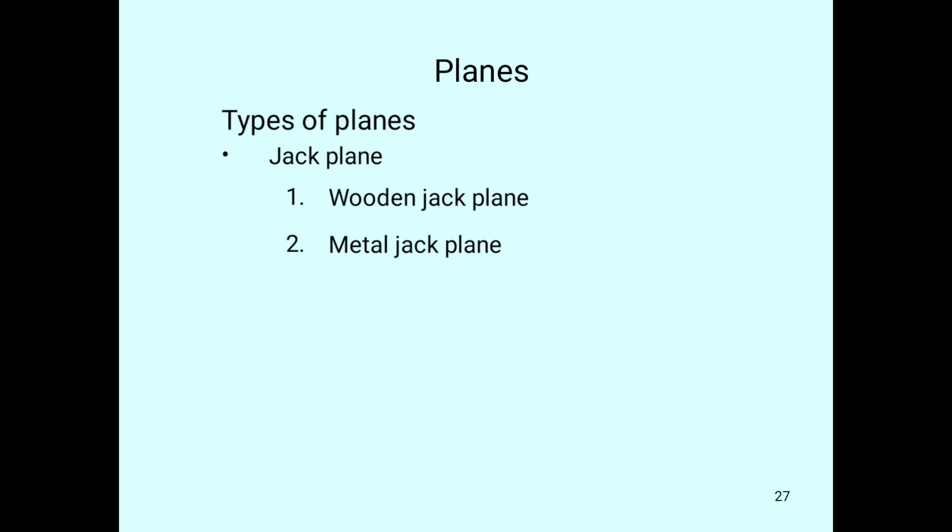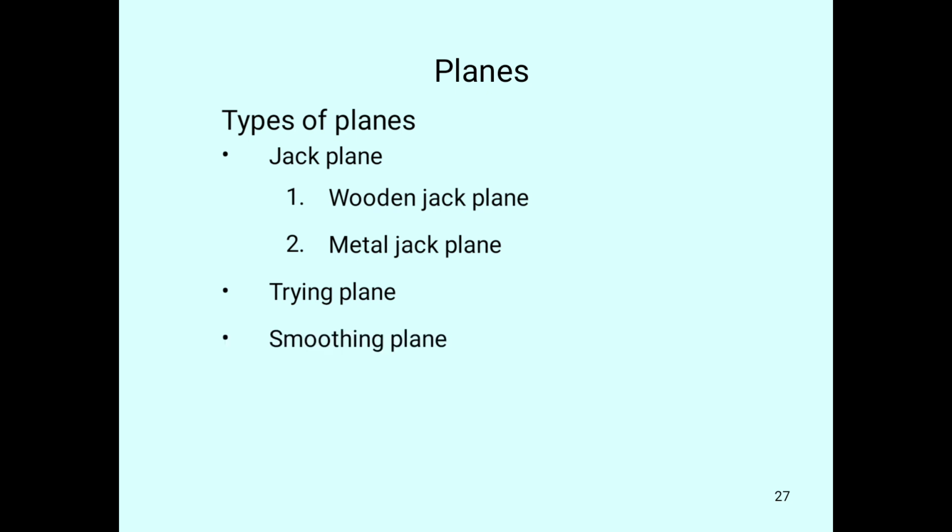Next we can see the various types of planes. We have a number of planes. Among them, first is the jack plane, which is again subclassified into two types: first the wooden jack plane, second the metal jack plane. The second is the trying plane.